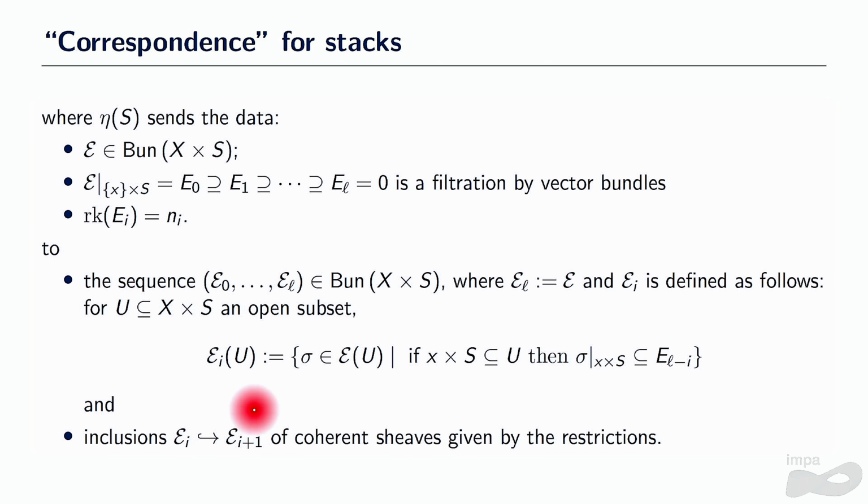All of them will be sections of E with some restriction based on the filtration. Okay, so this is the construction which goes from the parabolic stack to the Hecke stack.